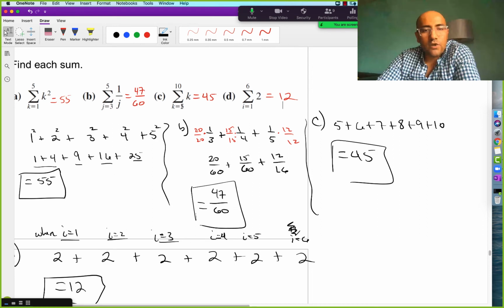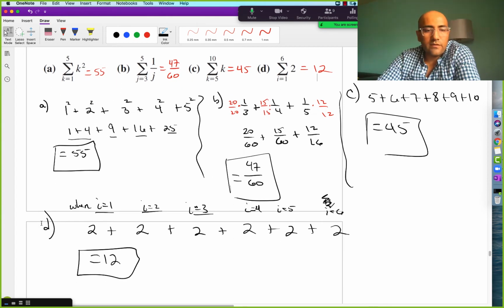So we start at 5 and end at 10, and we always add them, because that's what this sigma notation is telling us to do. So I just had to add all of these. That's 11, 20, 30, 37, 45. Yeah, I think so. Good.